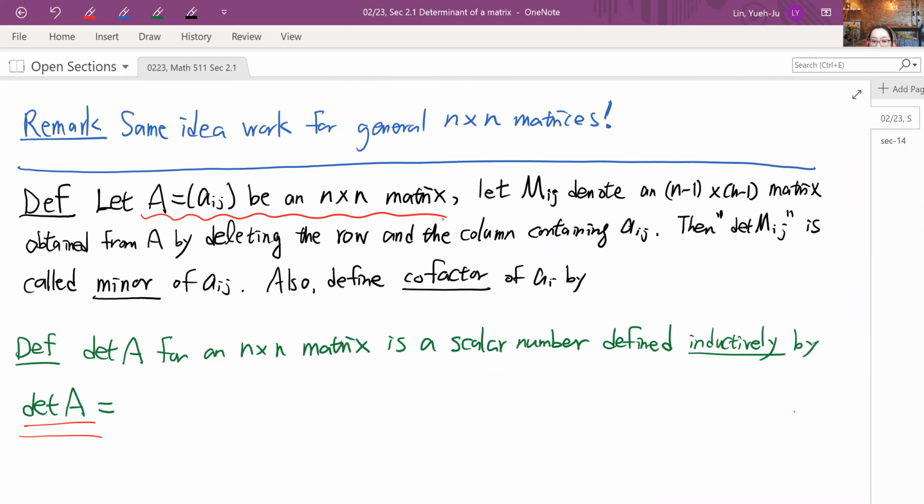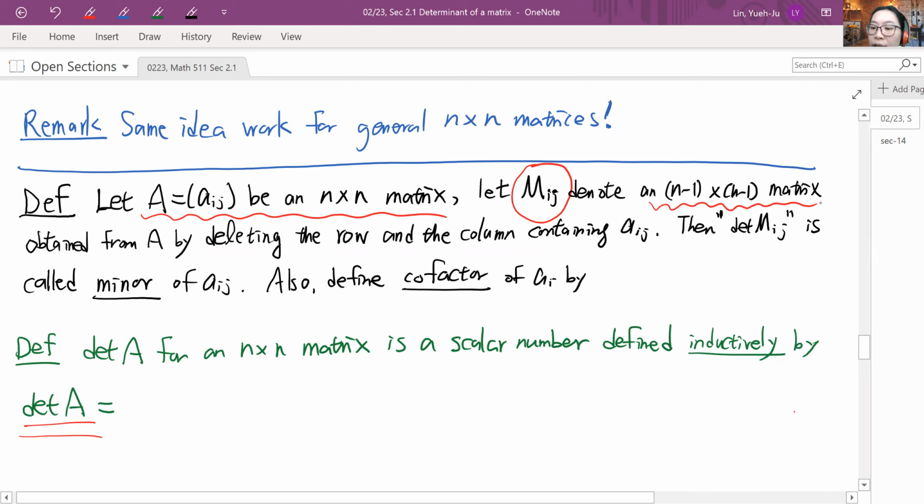And now, because we want to use the trick of reduction, I need to introduce this Mij that I talked about. This is what we call the submatrix. So Mij is an n-1 by n-1 submatrix. And you already know how we get it. We obtain it from A by deleting the row and column containing Aij.